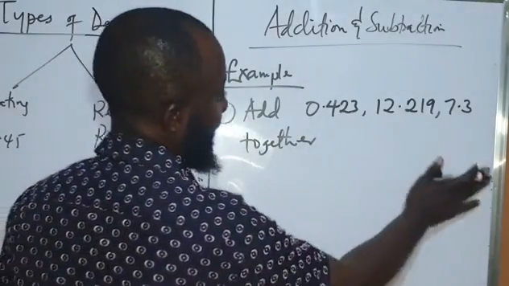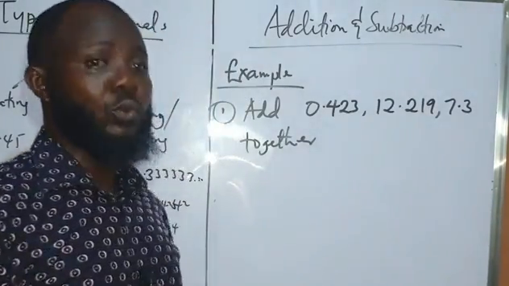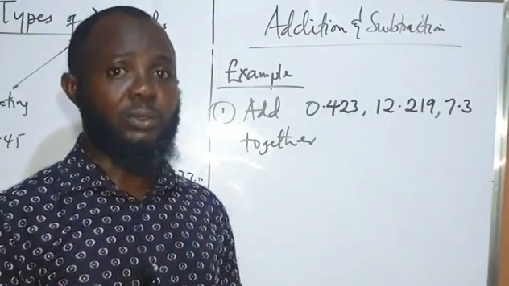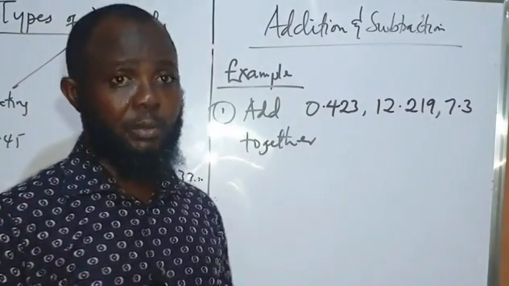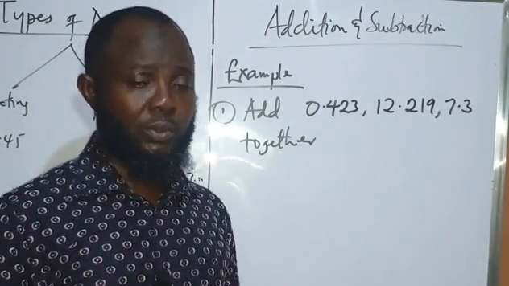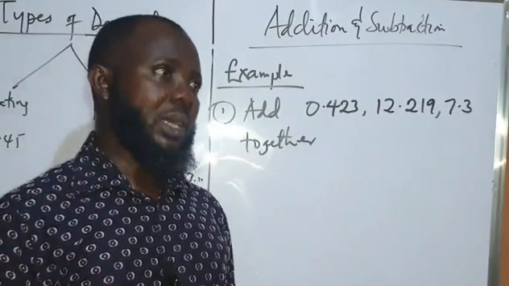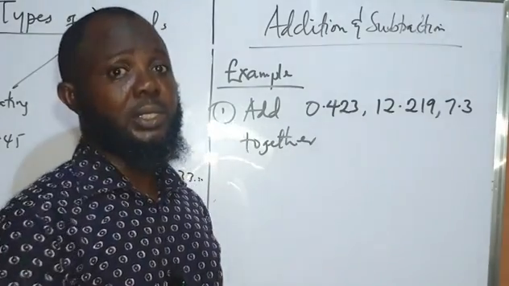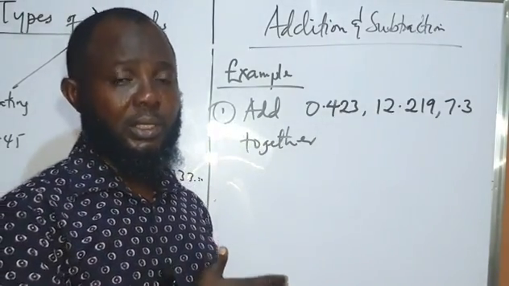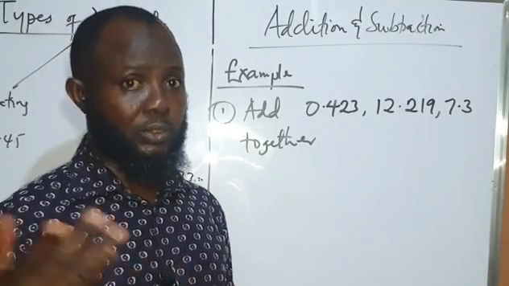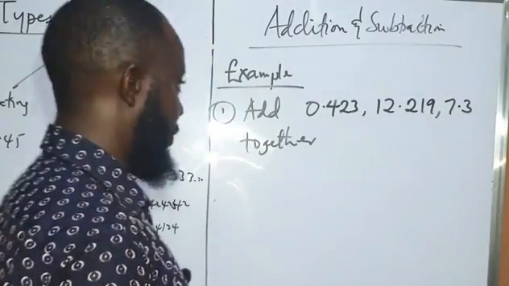Here you are trying to learn how to add this without using a calculator. With a calculator you can do it straightforward, but here we want to learn how to do it without a calculator. So don't say it because there's a calculator. There are some things that will be revealed in this that will help you in subsequent topics. So you need to pay attention here.